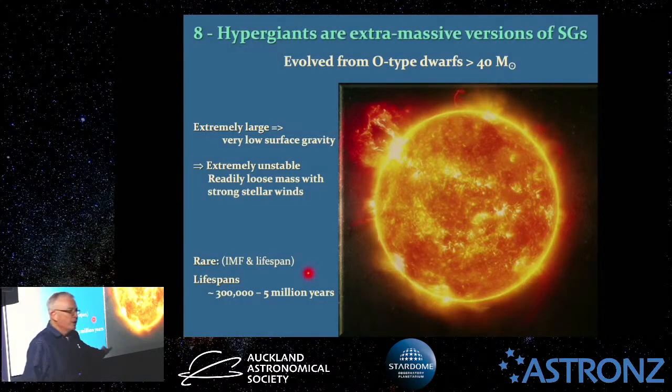It stands for initial mass function. In other words, we talked about that pie diagram, how nature has a bias for more smaller amounts. So large stars are rare and have very short lifespans. That makes these big hypergiants really, really rare. Lifespans usually in the hundreds of thousands of years, up to a few million years. Very, very short lifespans.